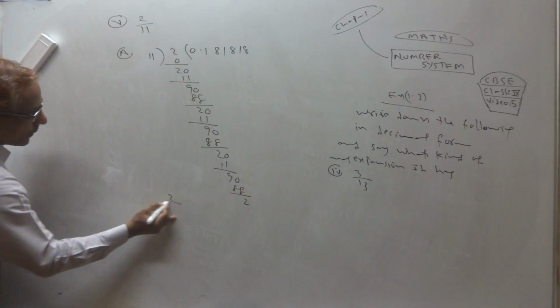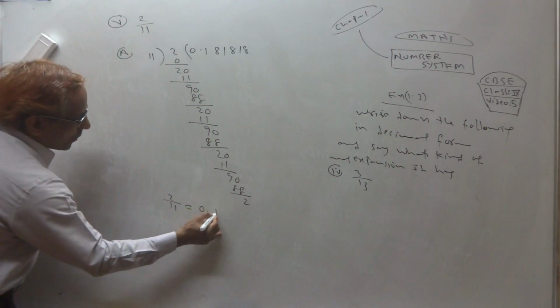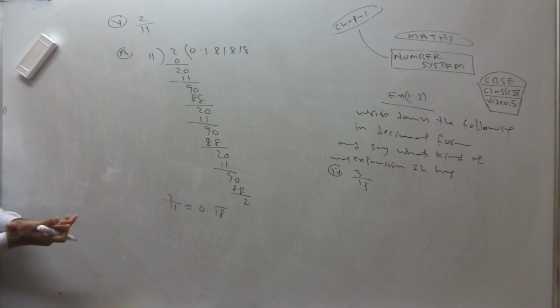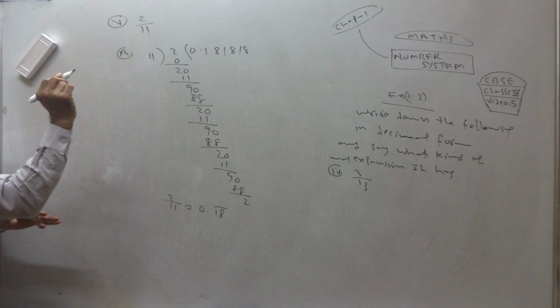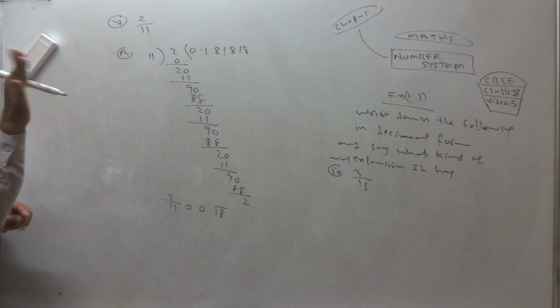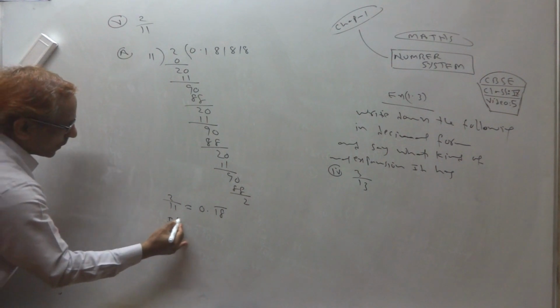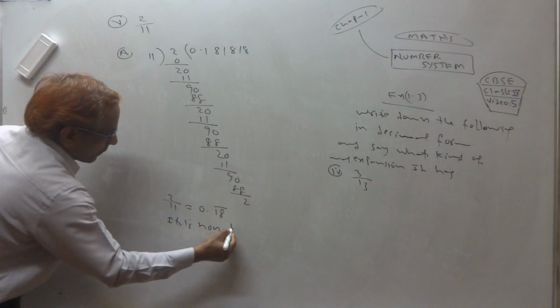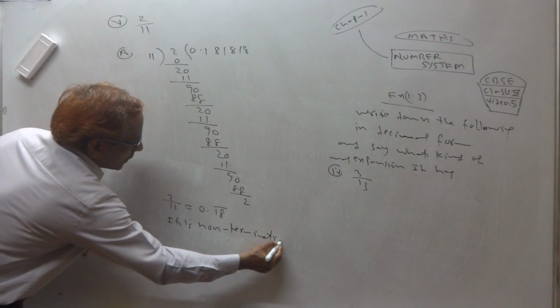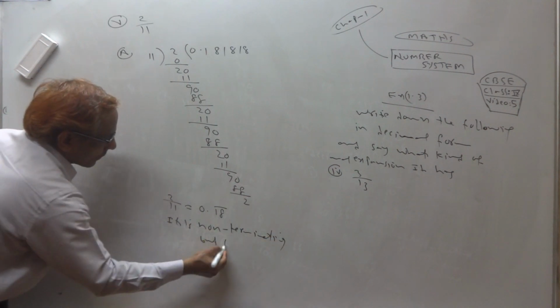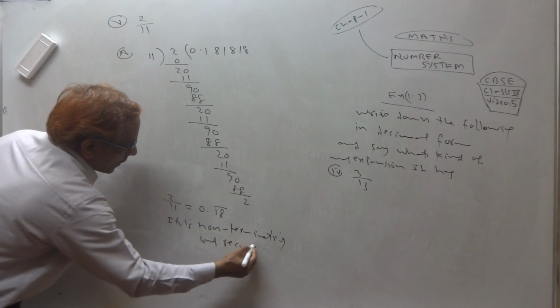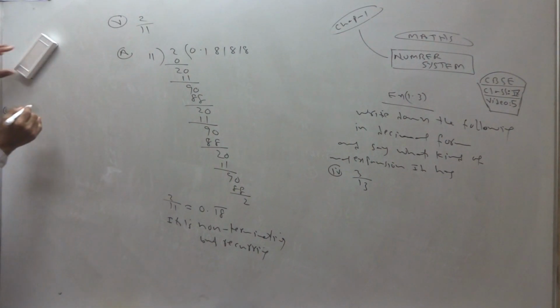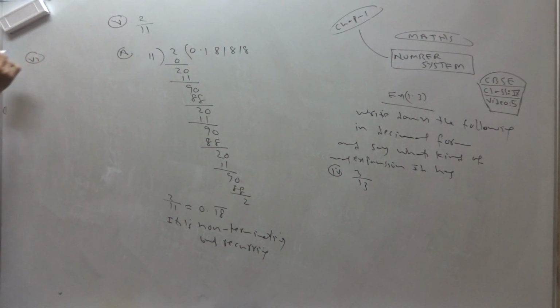So what is the answer? 0.18 bar. We put bar on 18 because 18, 18, 18 will be repeated. So it is called what? Non-terminating but recurring.